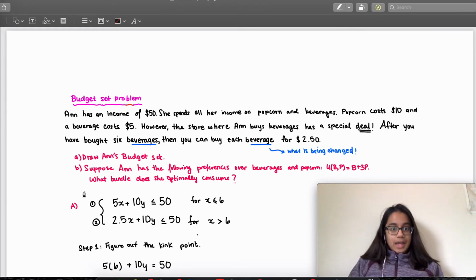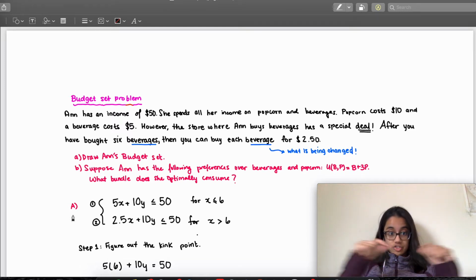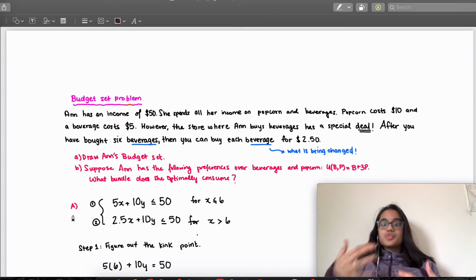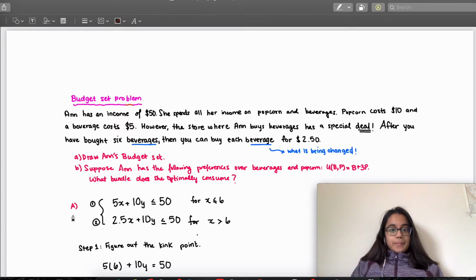Now part A. When we're trying to draw a budget set, we want our budget constraints, two different equations, and this is a more difficult problem because we're seeing that discount.